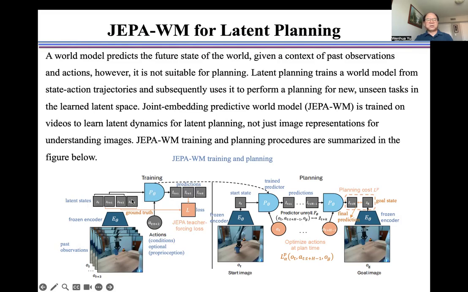The predictor uses the latent states and action to predict the future states. And then the training procedure uses the start state and the action sequence to predict the future state. And then we use the loss on the final prediction and the goal state to train the predictor.